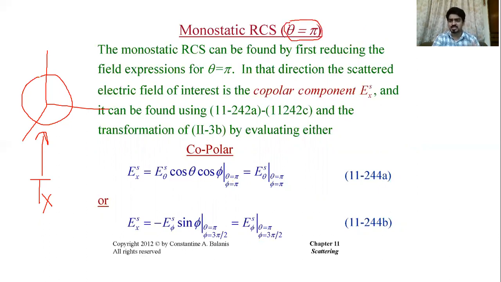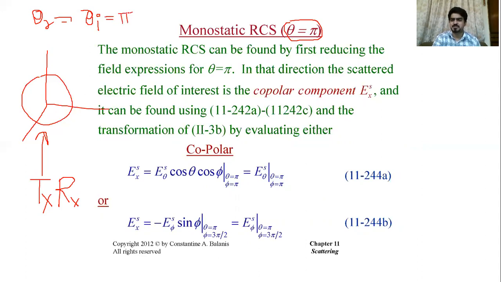For the monostatic RCS, you would like to also place your receiver at the same location, right? We have to place our receiver also at the same location. So that is going to be theta r equals pi. So theta i equals theta r equals pi.